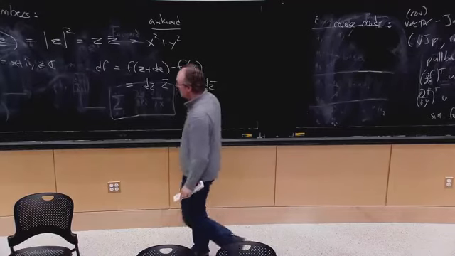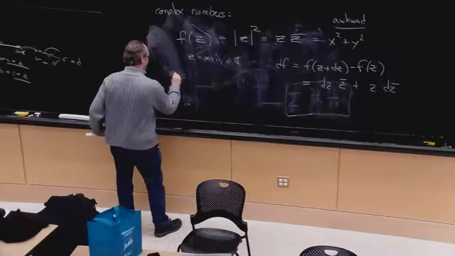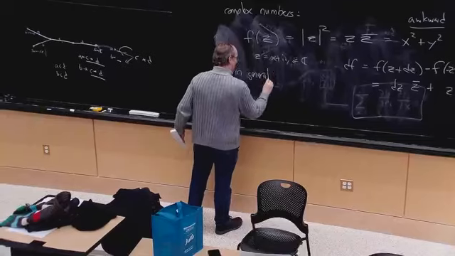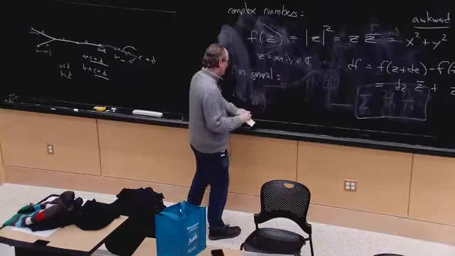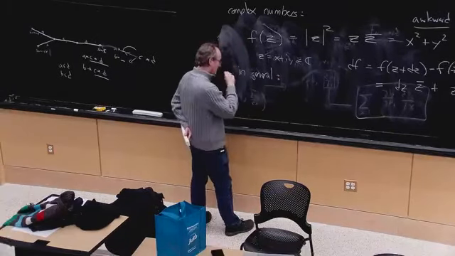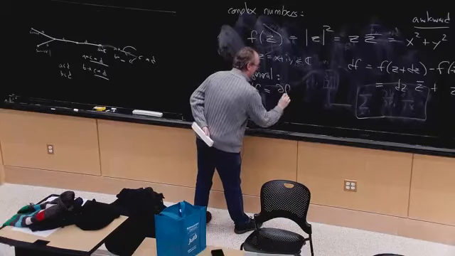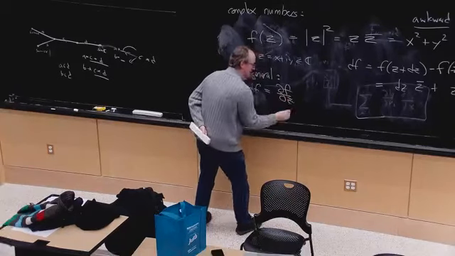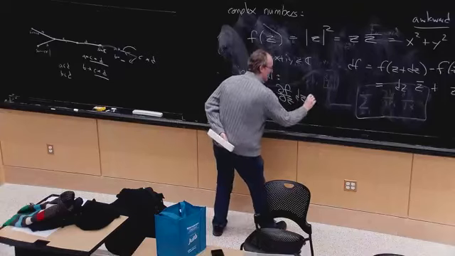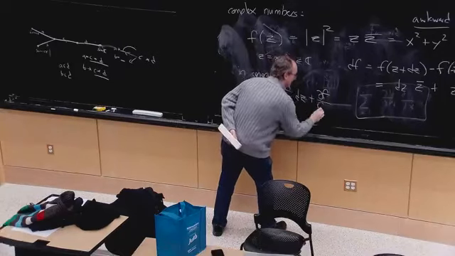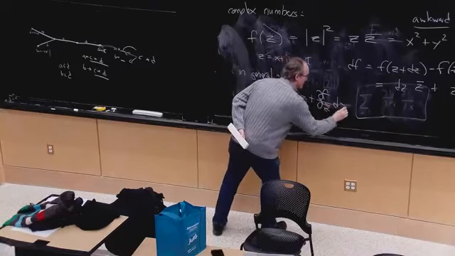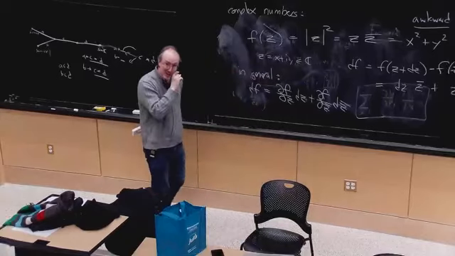And so in general, what you can do is write df as df/dz times dz plus df/dz bar times dz bar, right?